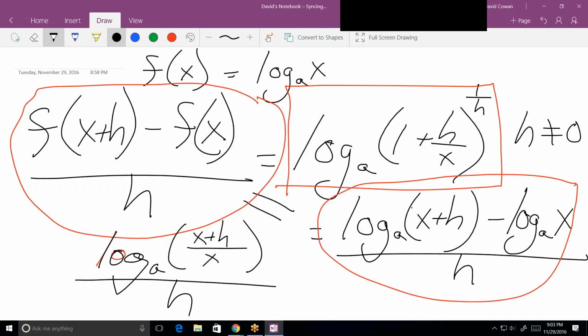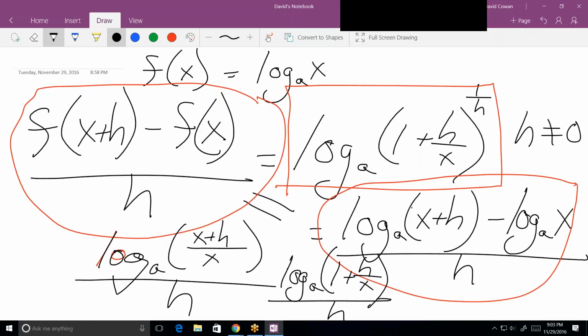Now, notice what that is. That is 1 plus h over x. So I now can write it as log base a of 1 plus h over x, all divided by h.